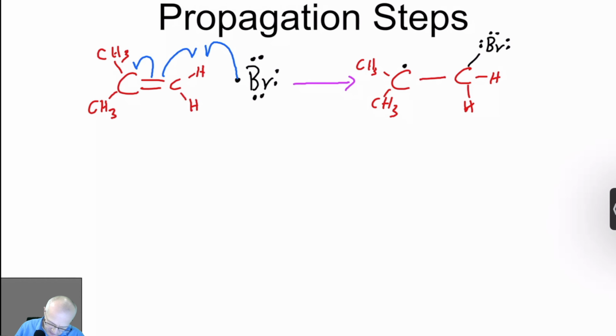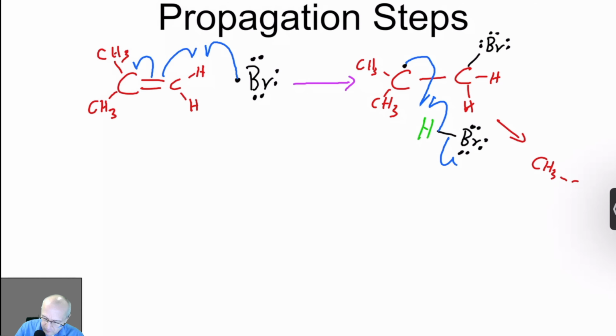Okay, so now another molecule of HBr will get attacked by the carbon-free radical, giving you the product. Oops, we're out of space here. Giving you the product.